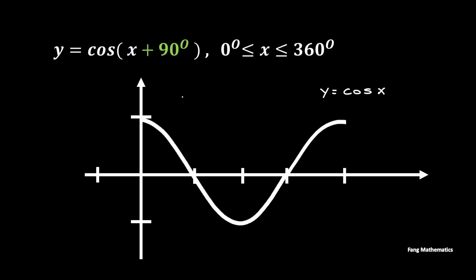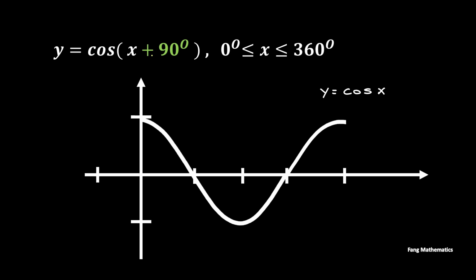Moving on, we look at this horizontal shifting in which x is plus 90 degrees. We first determine that this operation plus 90 is inside the parentheses. Therefore, inside the function, you perform horizontal shifting.